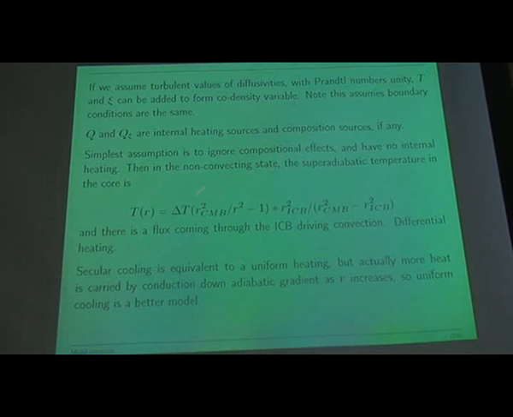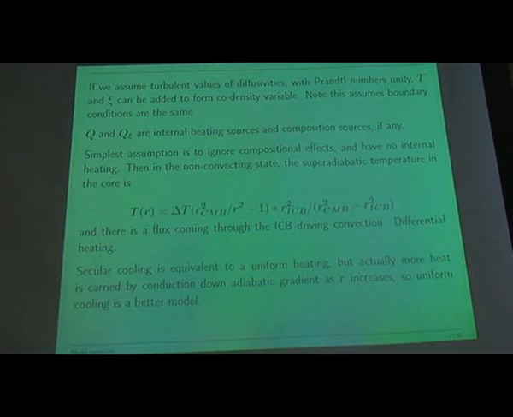The standard model is to ignore the compositional effects and have no internal heating, so that in a non-convecting state, the superadiabatic core is just given by the heat flux coming in from the bottom and going out of the top. If you've got no heat sources, then the heat flux coming in at the bottom has got to be the same as the heat flux leaving at the top in a steady state. So that's a nice, simple, clean model.